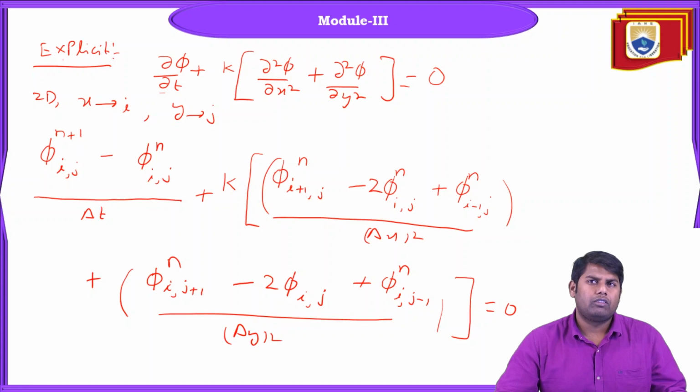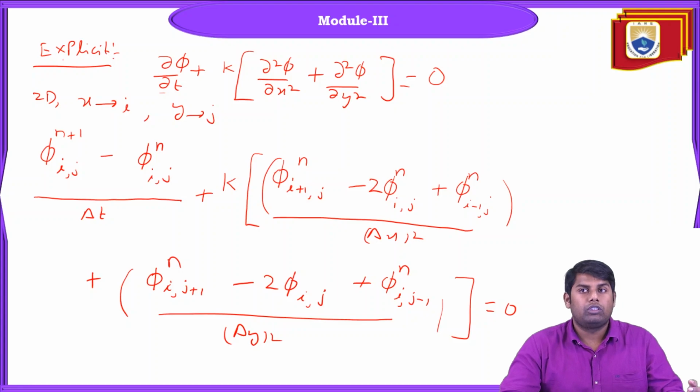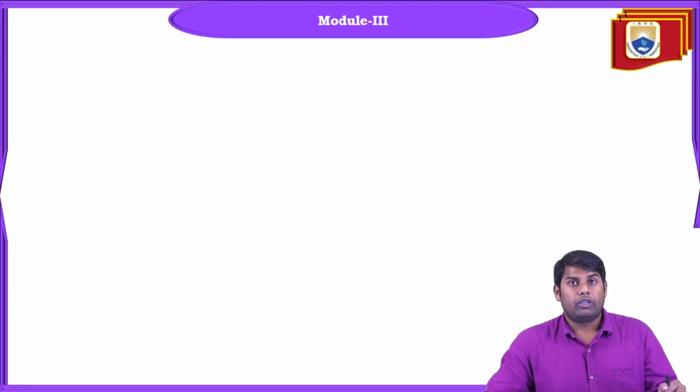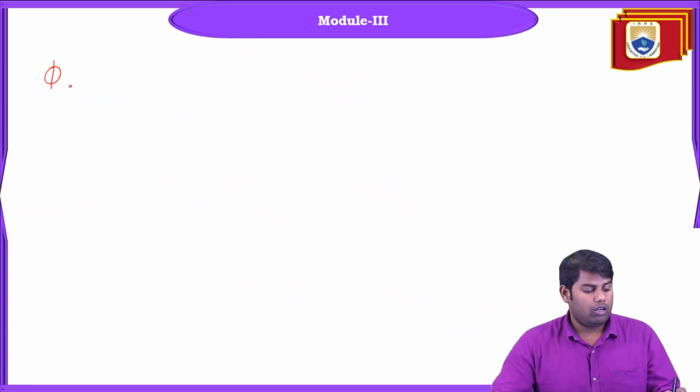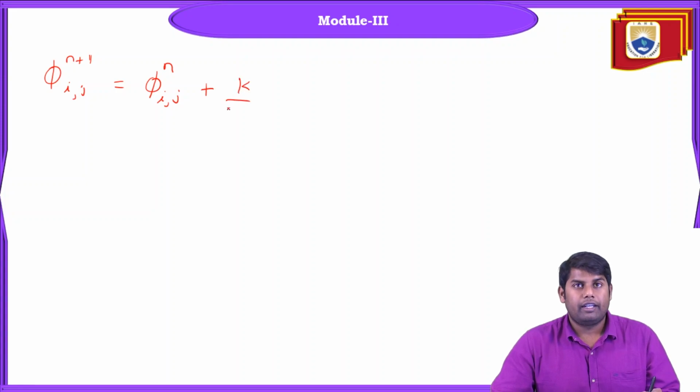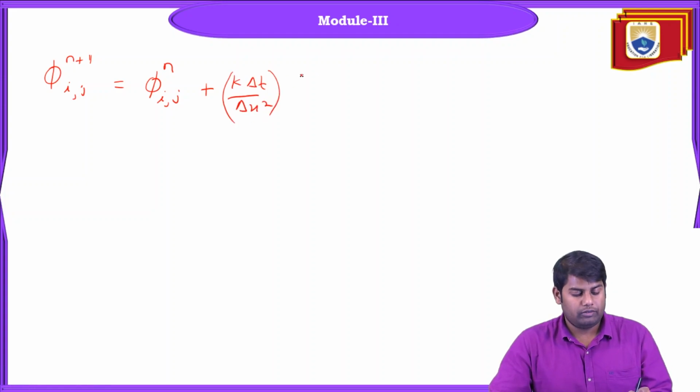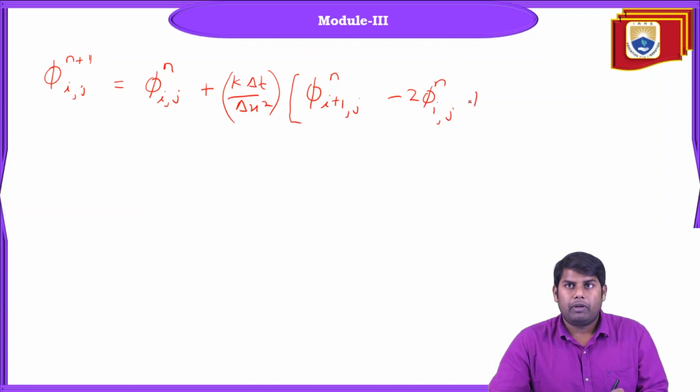So here, what is the unknown value we have? We will take all known terms on one side and the unknown on the other. So this phi of i comma j to the power of n plus 1 is the unknown, which is equal to phi of i comma j to the power of n plus k delta t divided by delta x square, into phi of i plus 1 comma j to the power of n minus 2 phi of i comma j to the power of n plus phi of i minus 1 comma j to the power of n.